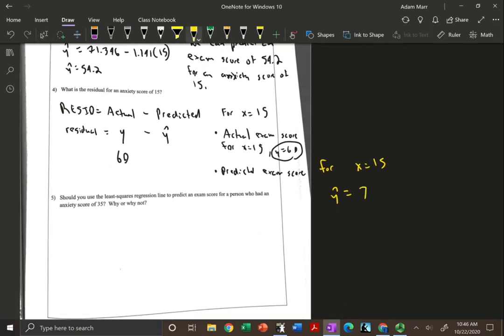So y hat equals 71.346 minus 1.141 times 15. And we realize, oh, wait a second, we just did that. There it is right there, 54.2. So we have right there, that's going to end up being 5.8.